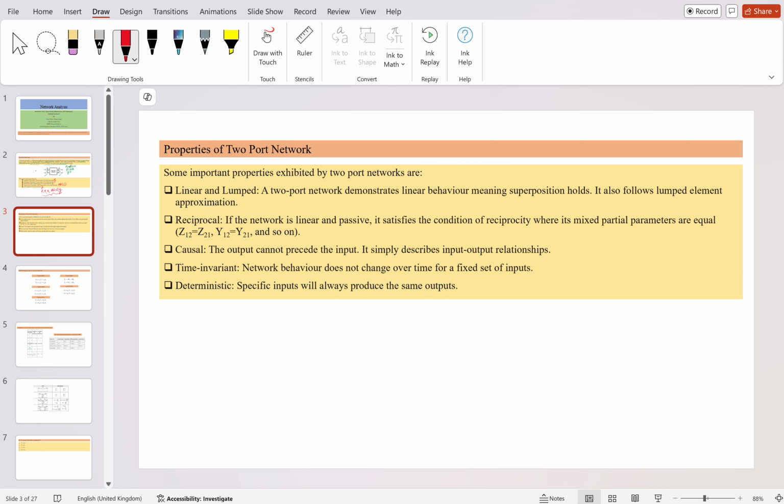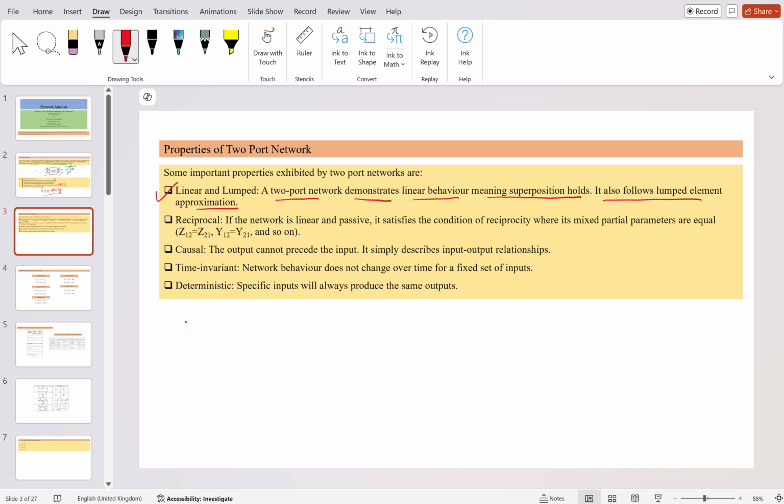If you see the properties of a two-port network, some important properties exhibited by two-port networks are linear and lumped circuit. A two-port network demonstrates linear behavior, meaning superposition holds. And it also follows the lumped element approximation.